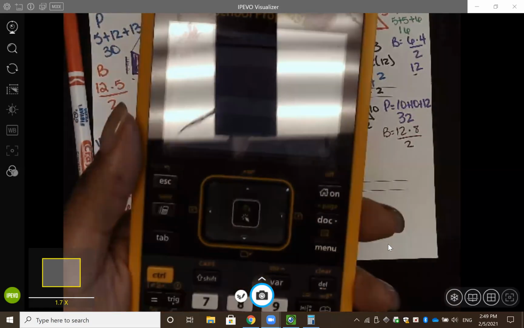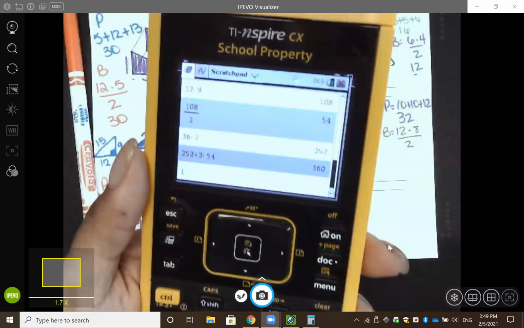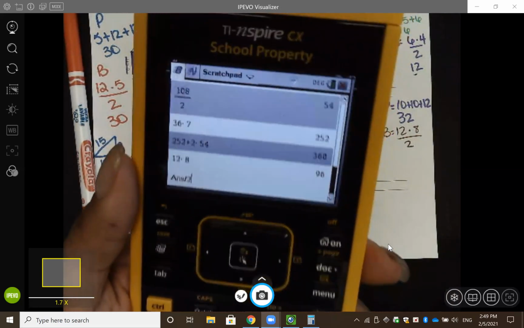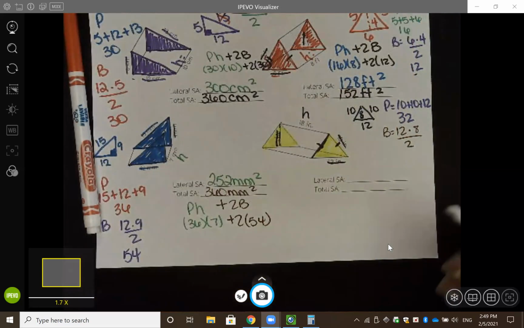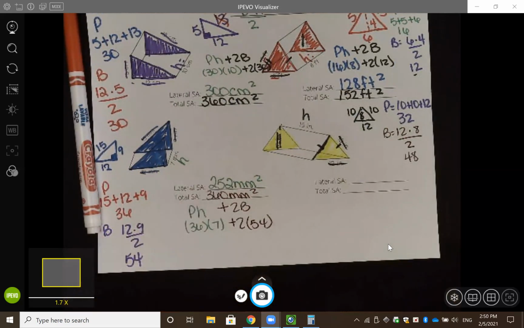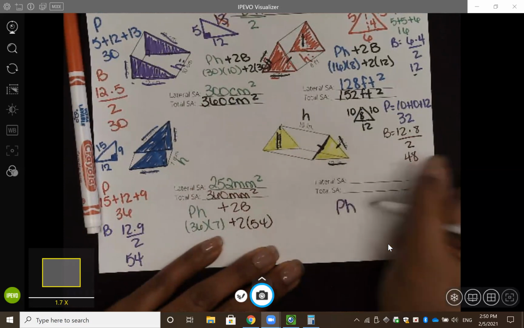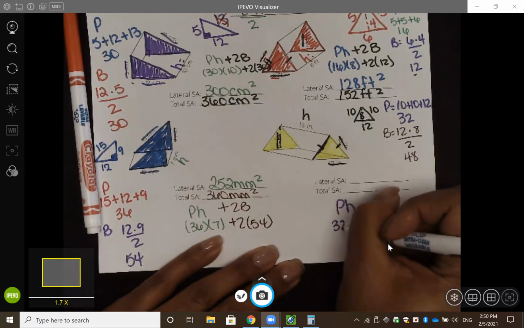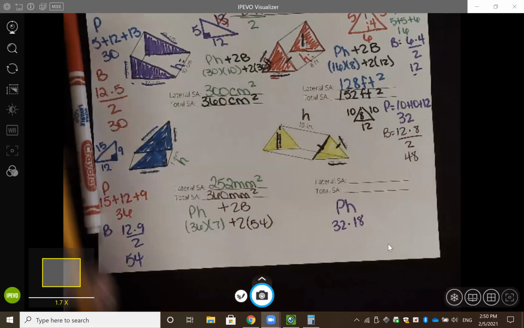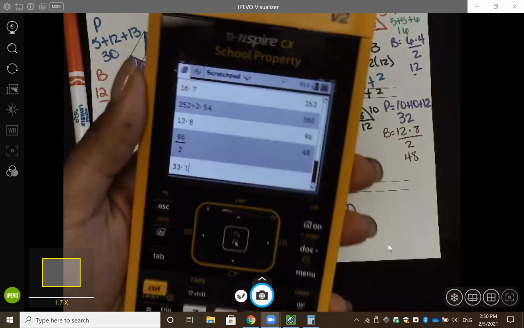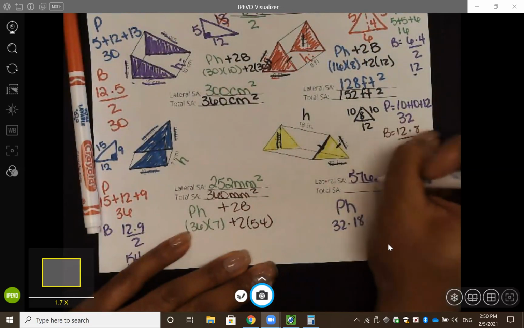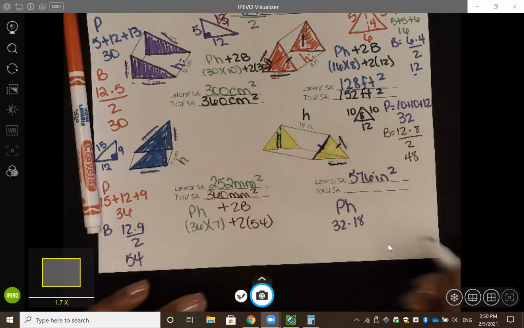So 12 times 8 divided by 2 is 48. Lateral surface area is perimeter times height. My perimeter was 32. My height was 18. 32 times 18 is 576 inches squared.